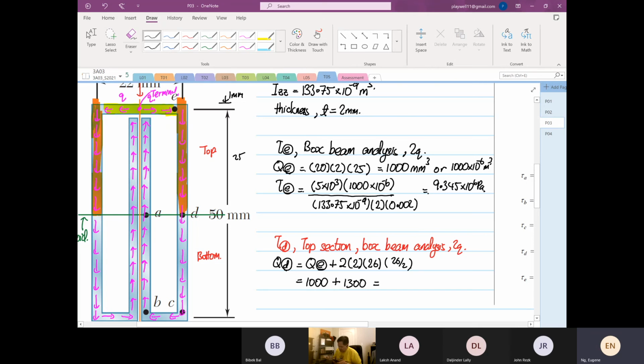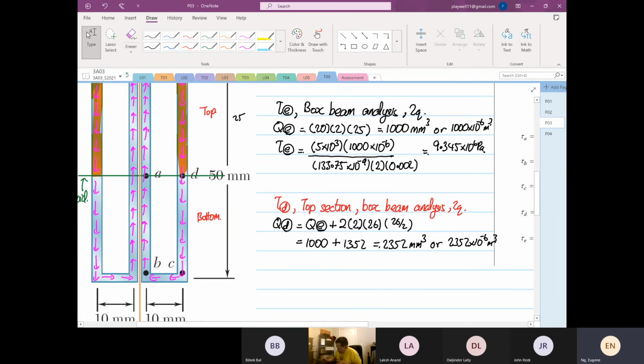So 26 times 26 divided by 2 times 2 times 2 is equal to 1352. So 1,000 plus 1352 is equal to 2352 millimeter cube, or 2352 times 10 to the power minus 6 meter cube. So that is our point D.